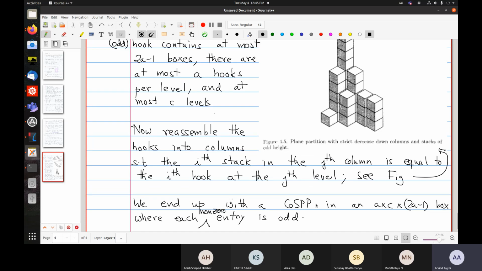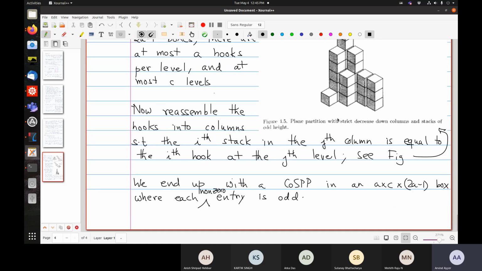Okay, and this process is reversible and weight preserving. This is weight preserving because the number of boxes is the same.